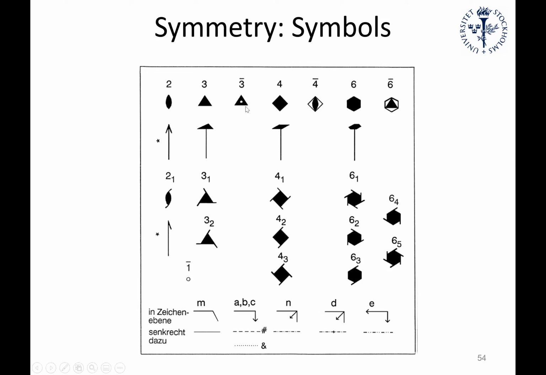Threefold rotation is a triangle, fourfold a square, sixfold a hexagon. If you see a dot or these empty white spaces, they correspond to the fourfold and sixfold roto-inversions. With screw axes, you have these struts coming out.